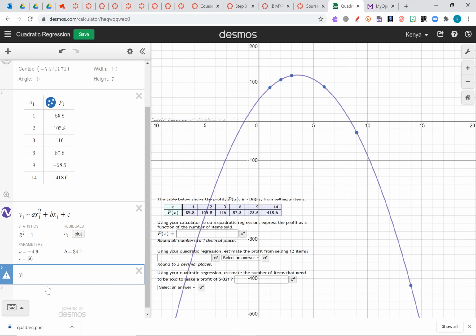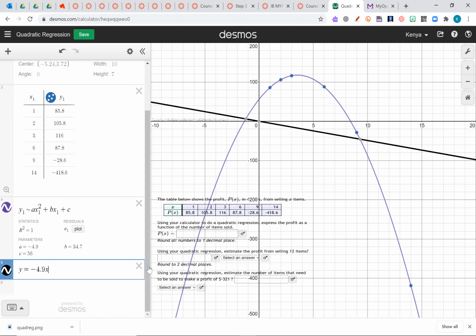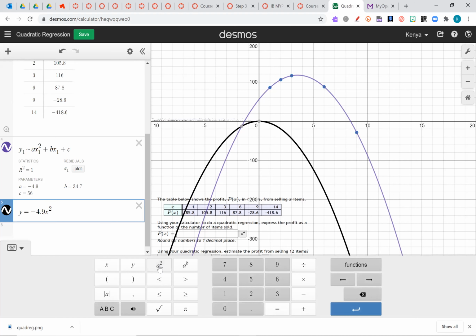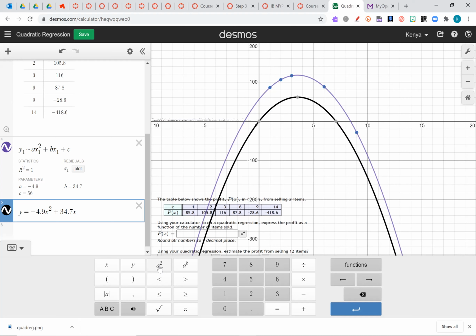We say y is equal to negative 4.9 x squared plus, and we want to write the equation because we have to use this to solve it, plus 34.7x plus 56. That allows us to go ahead and play with this function.